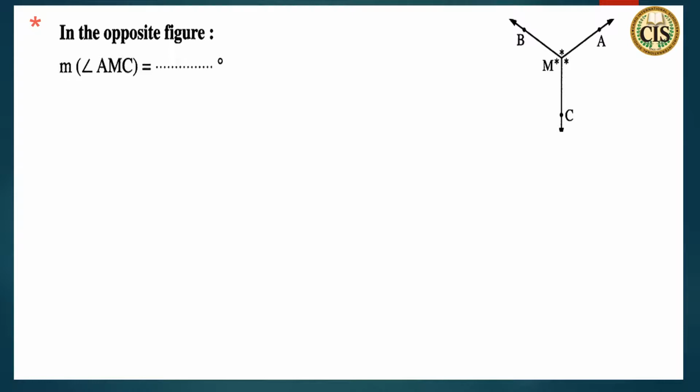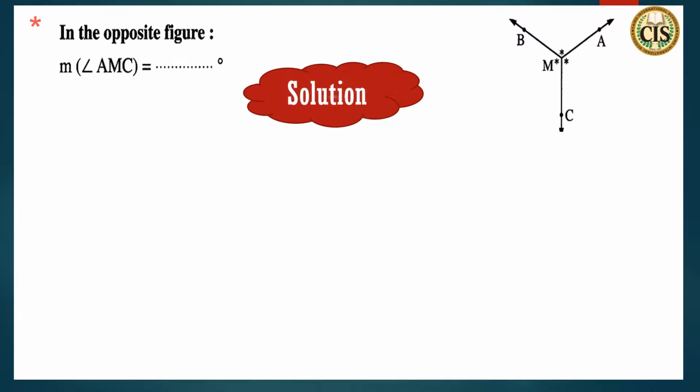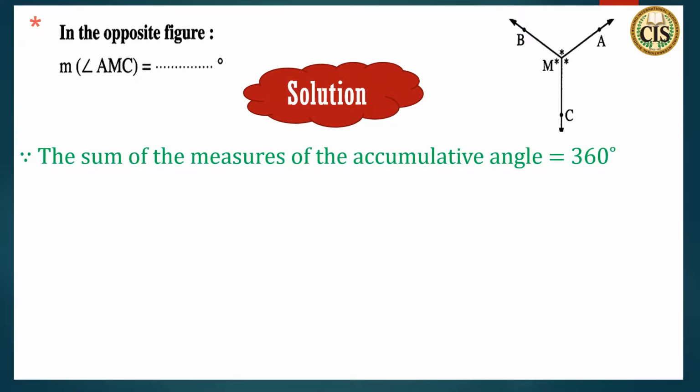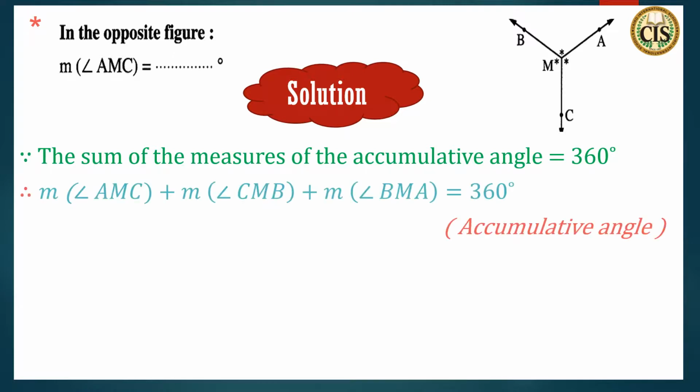In the opposite figure, measure angle AMC equals what? Solution. Since the sum of the measures of the accumulative angles equals 360, then measure angle AMC plus measure angle CMB plus measure angle BMA equals 360 as accumulative angles.